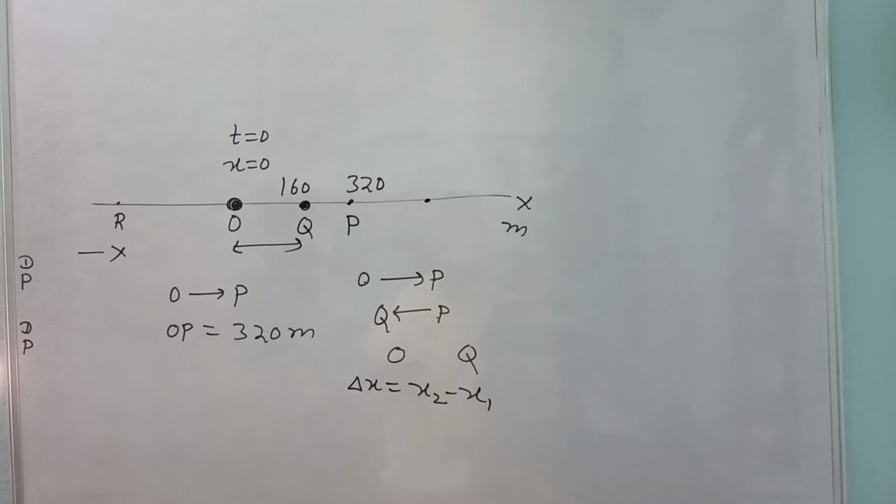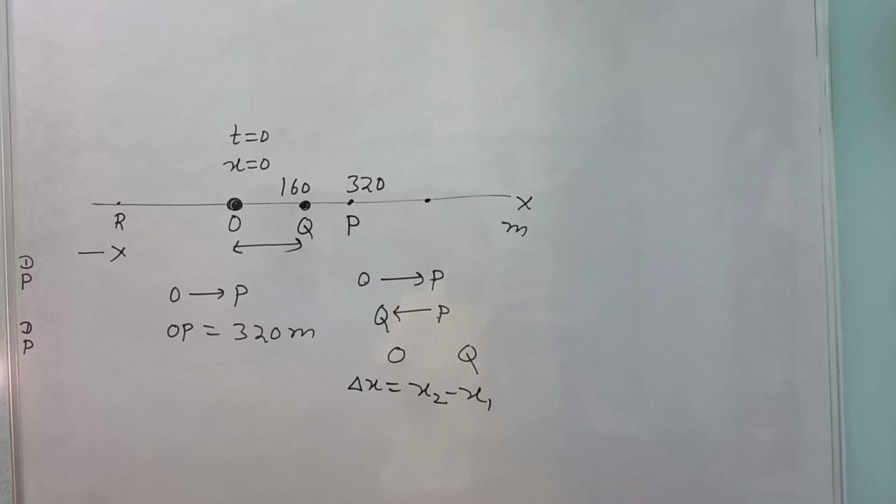So delta x is what? Final position minus initial position, and this is nothing but, students, displacement. So here displacement delta x is equal to final position x2 minus initial position x1.